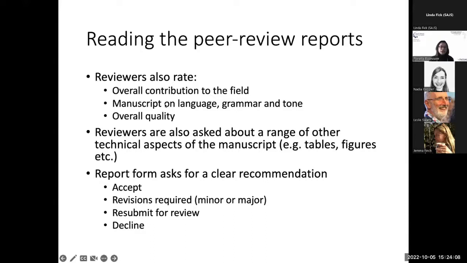So this section that asks for a clear recommendation is quite important, where reviewers now clearly state, on the basis of all of these questions they were asked, on the basis of their narrative report, do they recommend accept with revisions, and these can be minor or major? Do they recommend a resubmission for a further round of review, or decline of the paper?